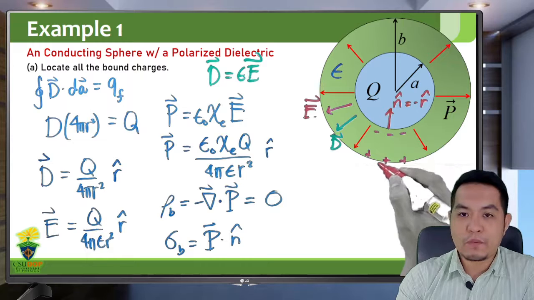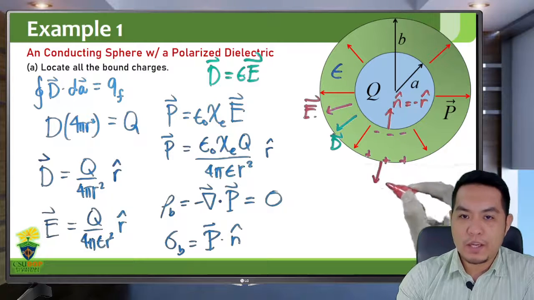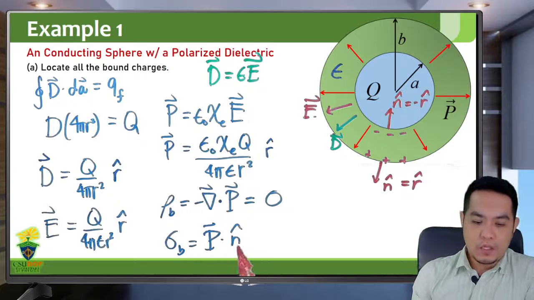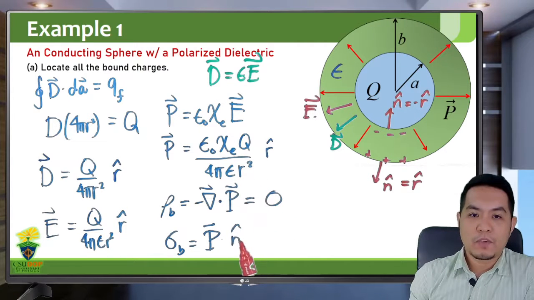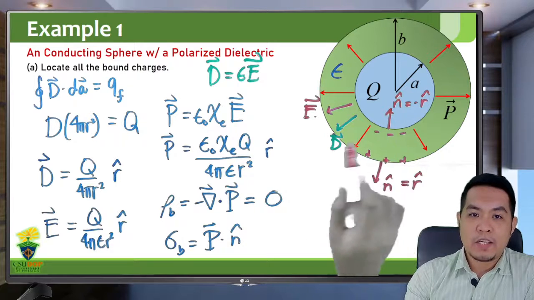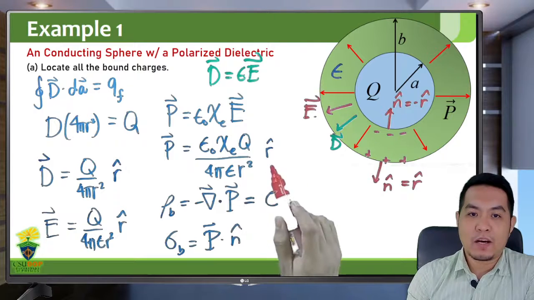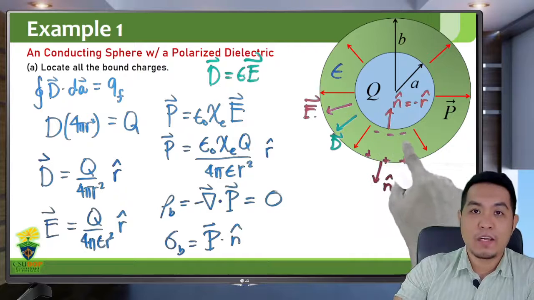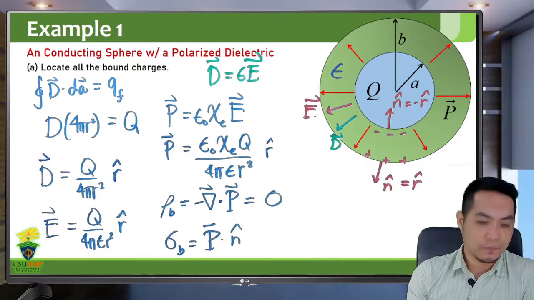For the outer surface, the direction of n hat is radially outward, so that's r hat. You just dot P with your n hat, depending on which surface you are referring to. For instance, in the inner surface, n hat is negative r hat, so dotting with r hat you will get a negative value, hence the negative charges here.